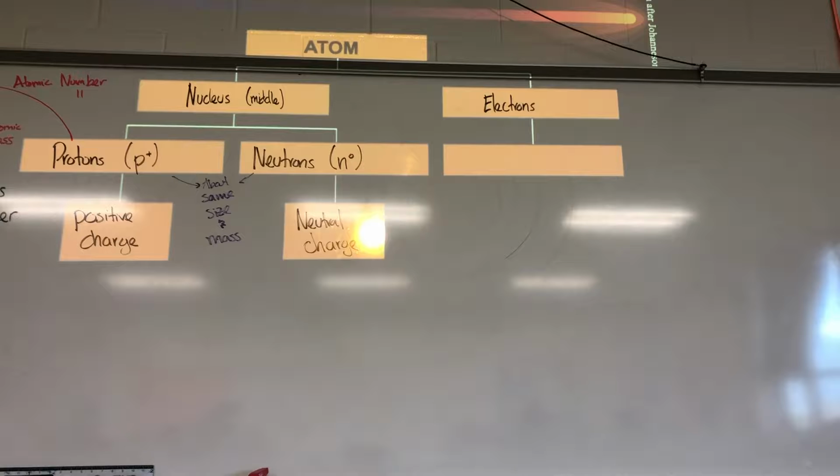Since mass number is protons plus neutrons, it always has to be a whole number, because you can't have 0.007 of a neutron or of a proton. Now they can be similar to each other, but the mass numbers, there's lots of options. Atomic mass, there's only one.